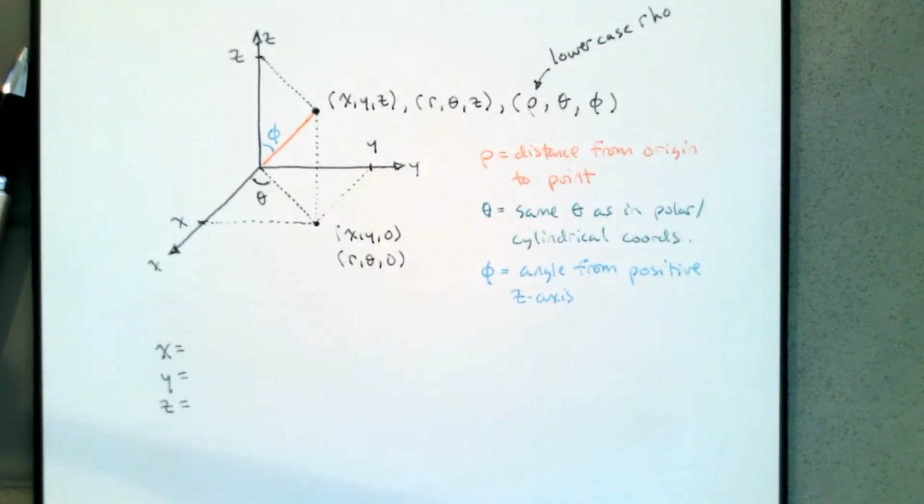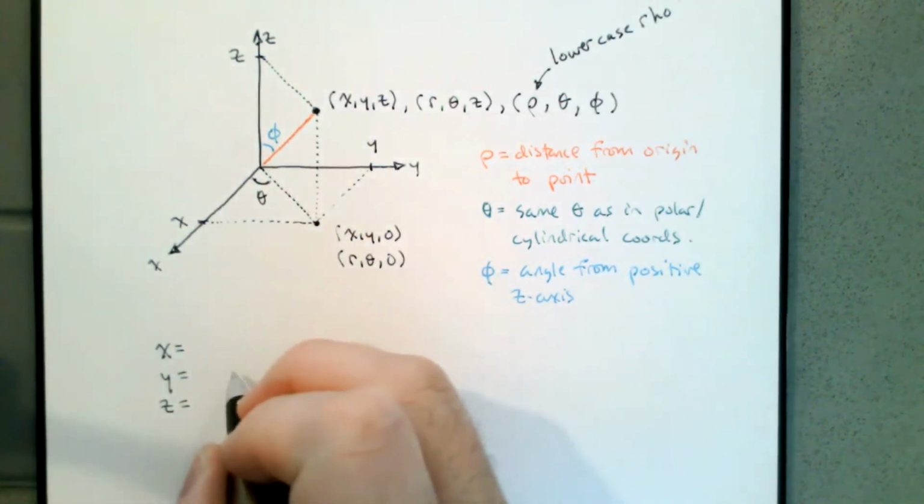So that's the first thing: what are x, y, and z in terms of rho, theta, and phi? Also, what are rho, theta, and phi in terms of x, y, and z? But our primary concern is going to be, what are x, y, and z in terms of rho, theta, and phi?